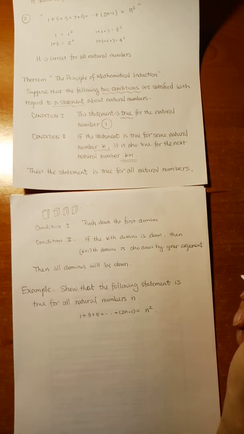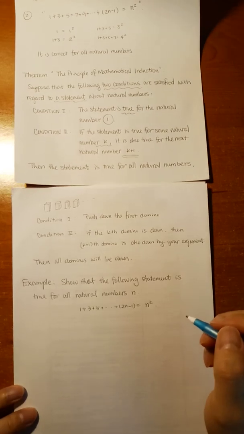Okay, the sum of the first n odd numbers is equal to n squared.